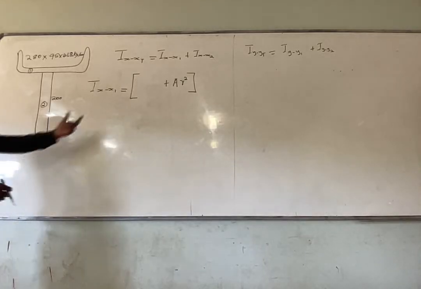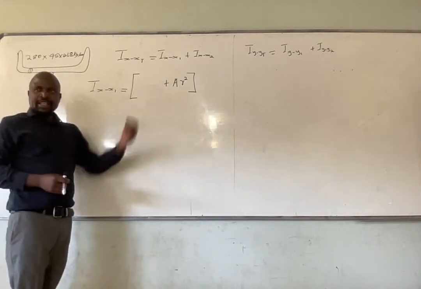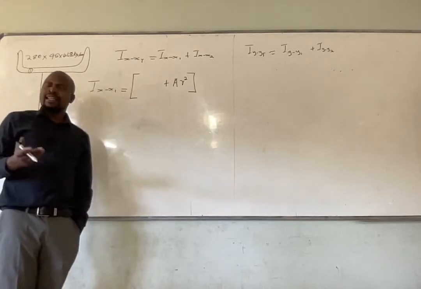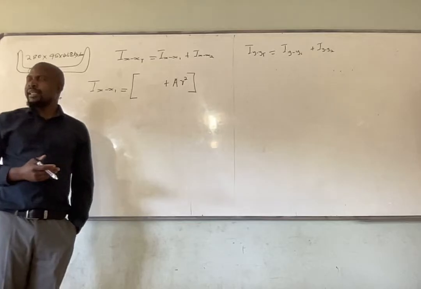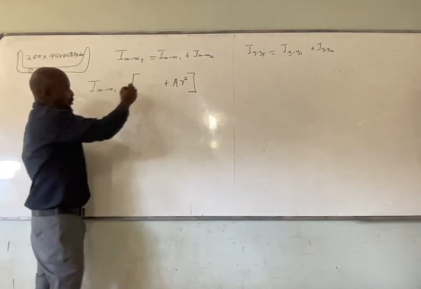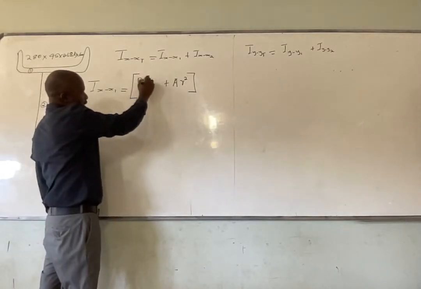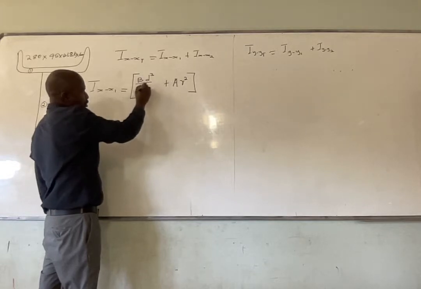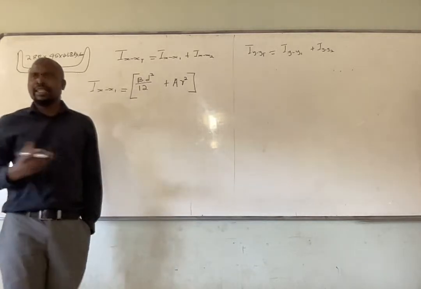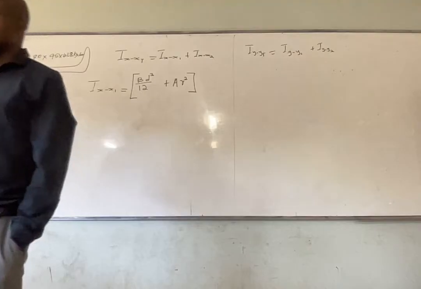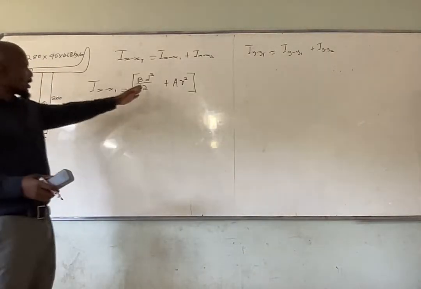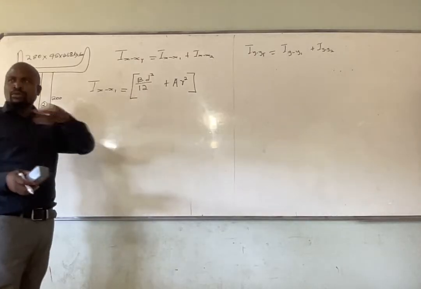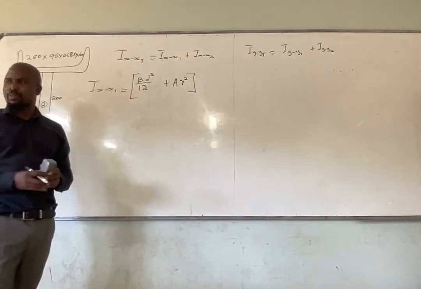So what about this position? If it was a non-standard and it happened to be a rectangle, we would say BD cubed over 12. If it was a circle, you would use the formula as per the textbook.